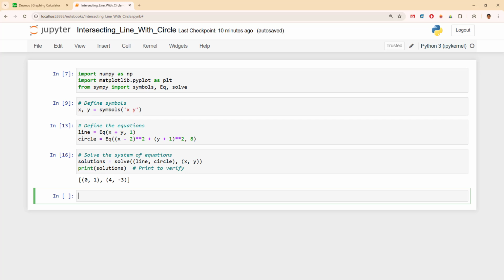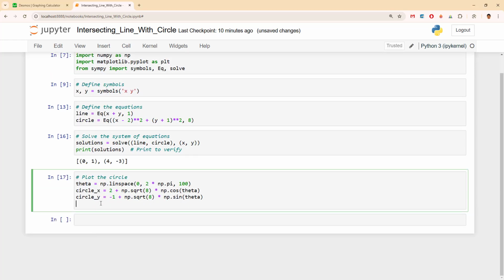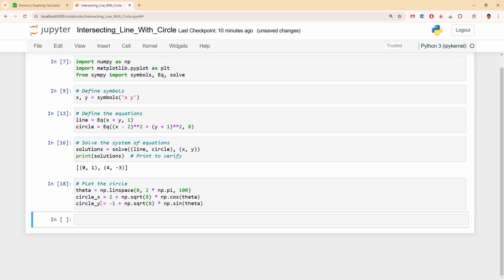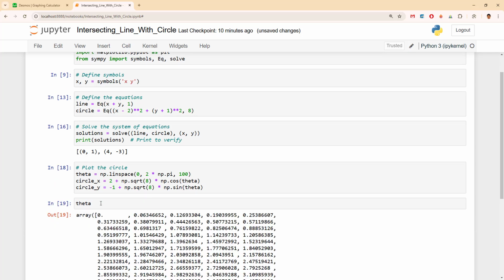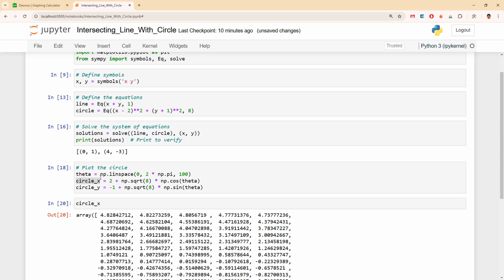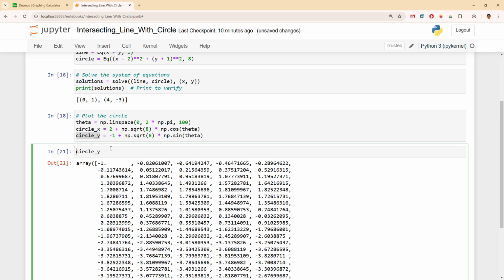What Python does under the hood, yeah, solves it obviously. And now let's find a way to plot the circle. If you want to see some of the variables, how do we plot the circle? Just putting a lot of points around it, just with pi.